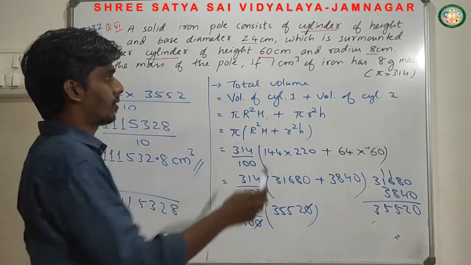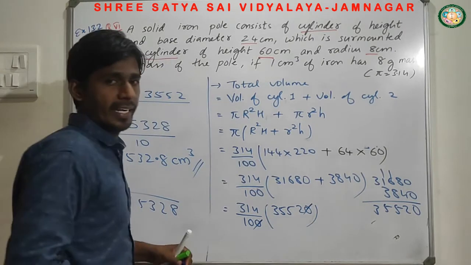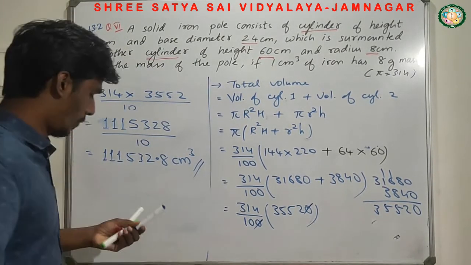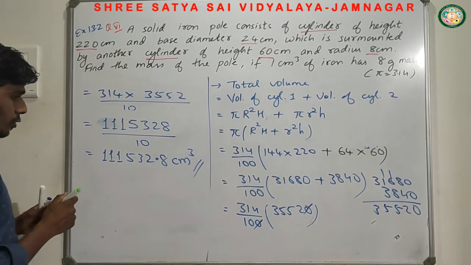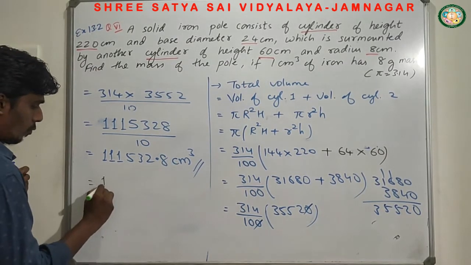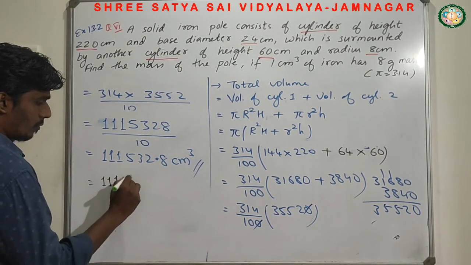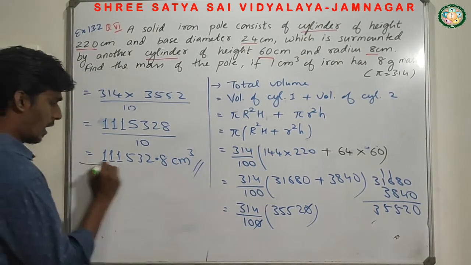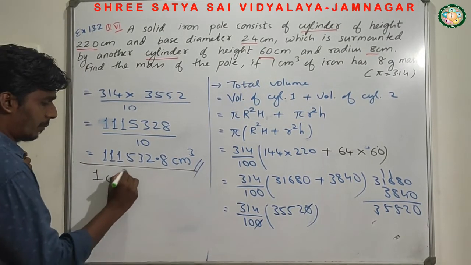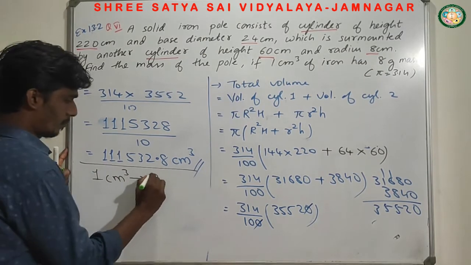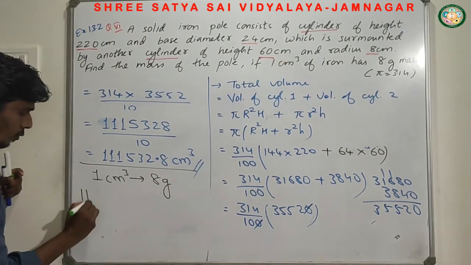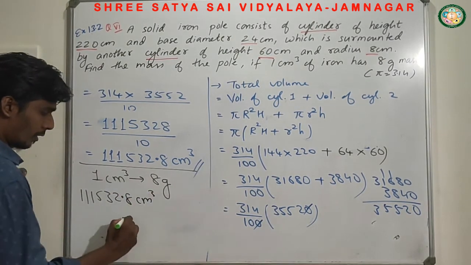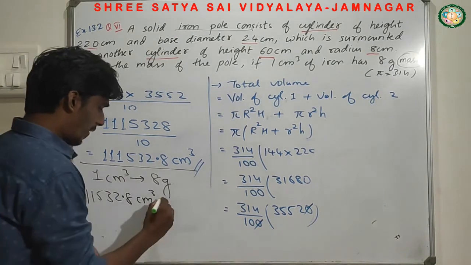Still one more step is there, because 1 centimeter cube equals how much? 8 grams. Then what is the total weight of this? After calculating this, 1 centimeter cube is 8 grams. Then 111,532.8 centimeter cube equals, let me find out.